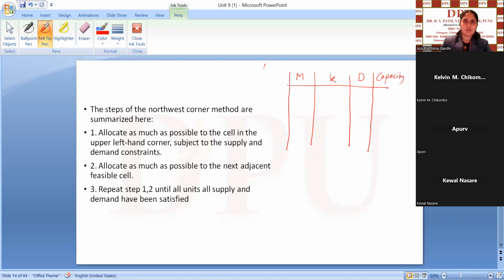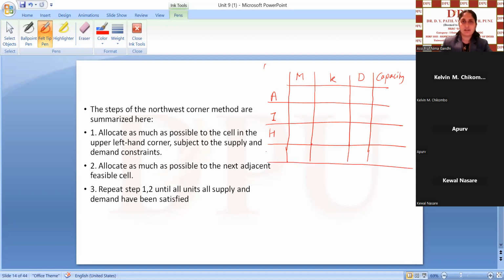So we are writing here the sources: Ahmedabad, Indore, and Hyderabad. At the end, here I'm writing the requirement at Mumbai, Kolkata, and Delhi. So you're transporting from Ahmedabad, Indore, or Hyderabad to Mumbai, Kolkata, or Delhi.